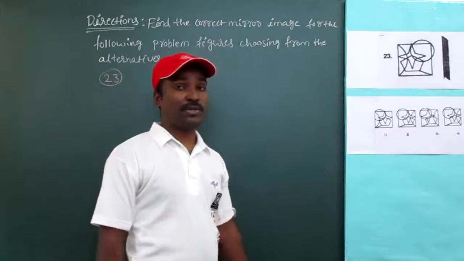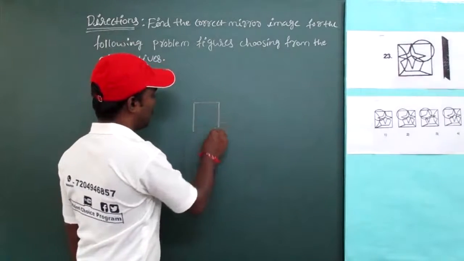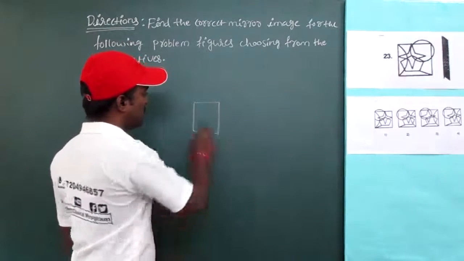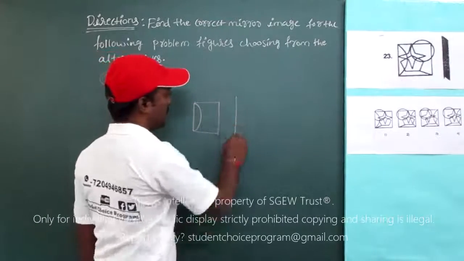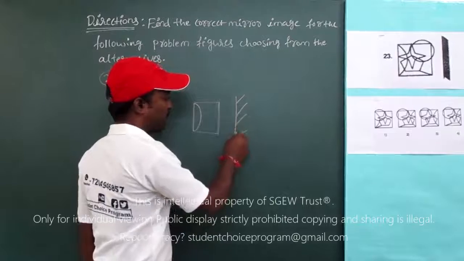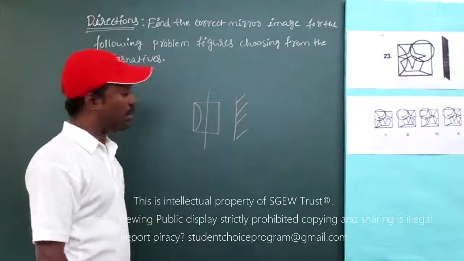So the first point that you have to take into consideration is this is a figure. I am taking it as an example and I am dividing this figure into two parts.